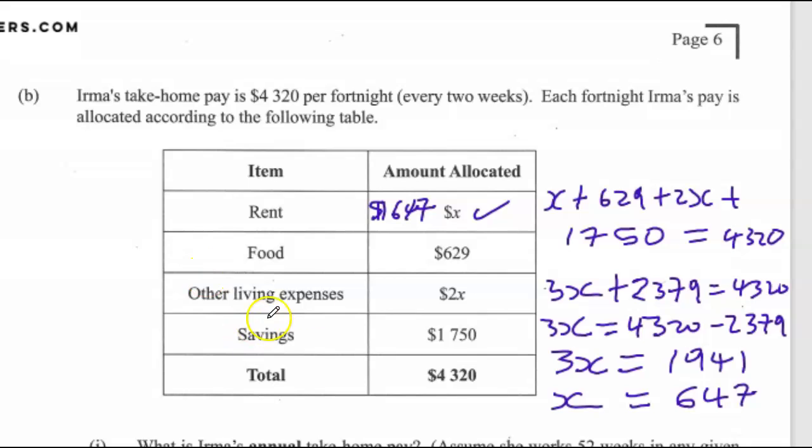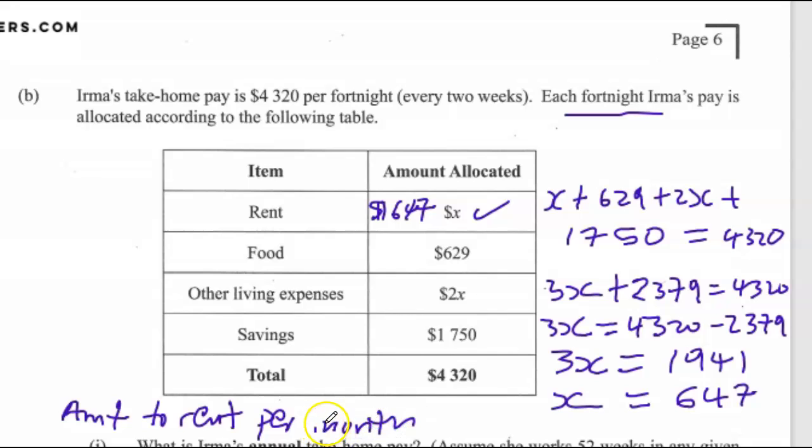Just a slight correction here. This 647 is the amount that she allocates to rent per fortnight, per 2 weeks. So the amount to rent per month. The amount per fortnight is the value of X here, 647. So per month, we just double this value, 2 times 647.